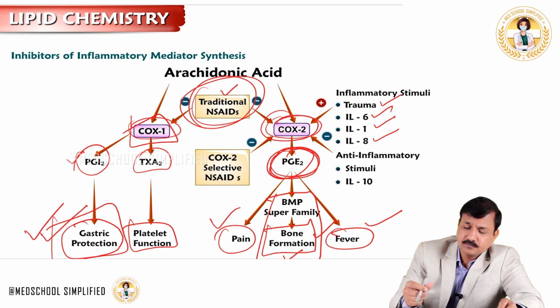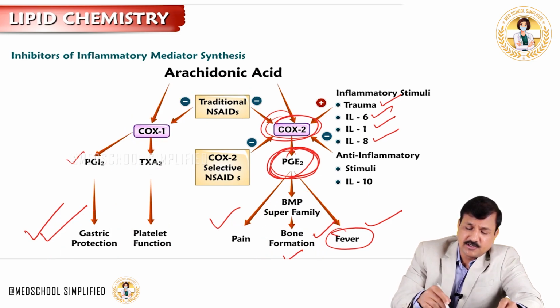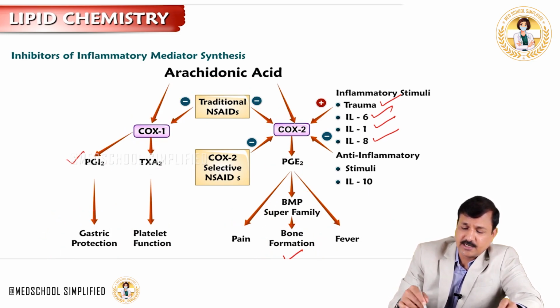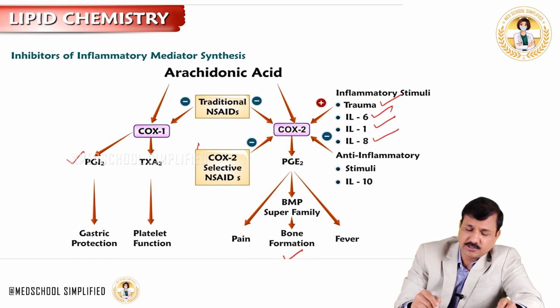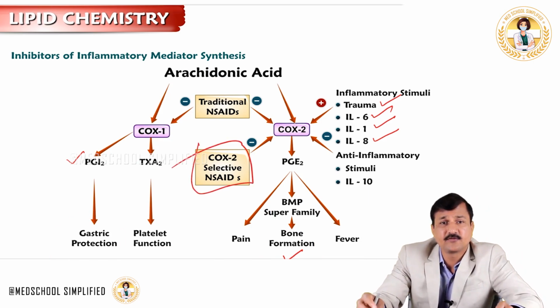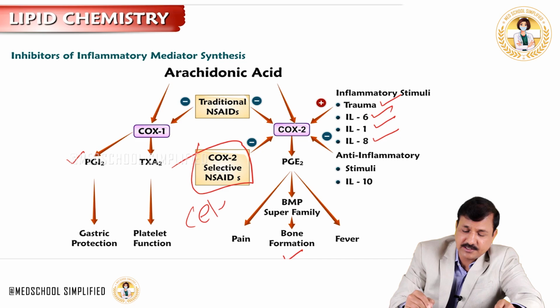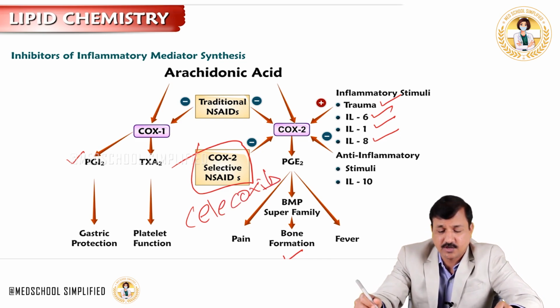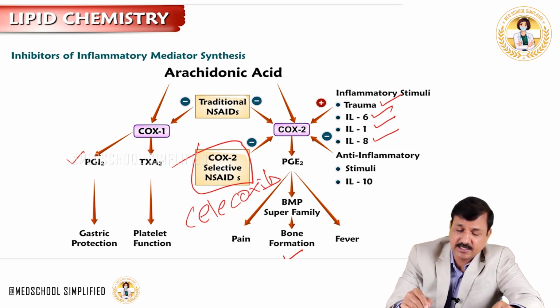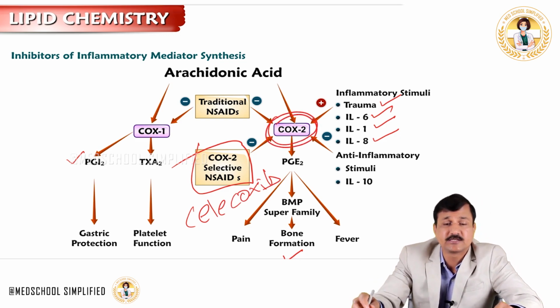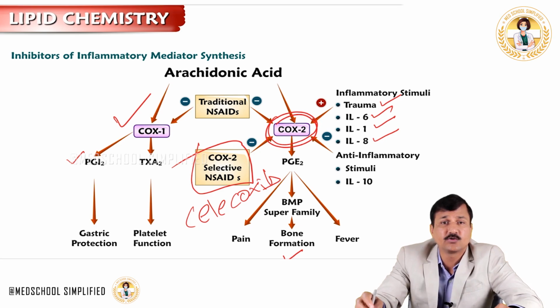Okay, so now, what about selective COX inhibitors, like COX-2 inhibitors? COX-2 selective non-steroidal anti-inflammatory drugs like celecoxib, rofecoxib, this whole coxib group of drugs, selectively inhibit the COX-2 enzyme only. They don't inhibit the COX-1 enzyme.